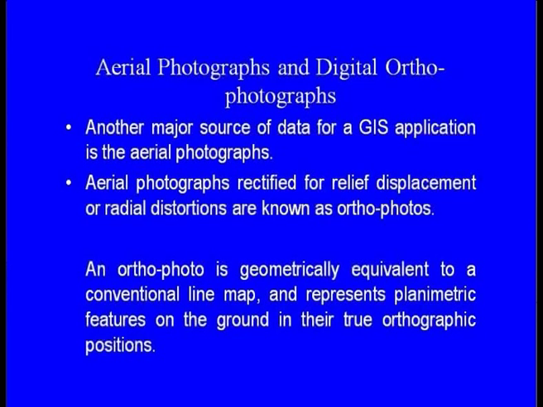The next data source could be aerial photographs and digital orthophotographs. This is another major source of data for GIS applications. Aerial photographs rectified for relief displacement or radial distortions are also known as orthophotographs. An orthophotograph is geometrically equivalent to a conventional line map and represents planimetric features on the ground in their true orthographic positions.